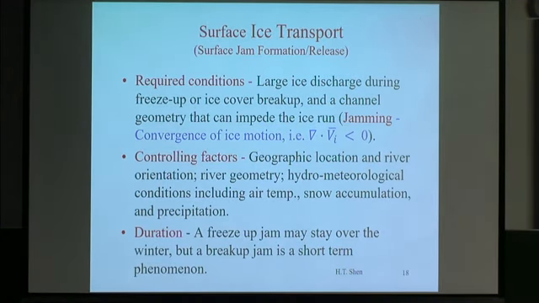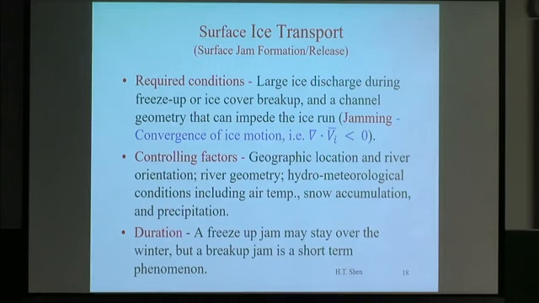So we talk about surface ice transport. Here I only want to talk about mainly the dynamics, assuming all the thermal effect is coming into the mass of the surface ice. So we need large ice discharge. Just like traffic jam, you need a lot of traffic or a lot of cars. The jamming condition, in the early days, people talking about when you have bend, you are going to get jam.